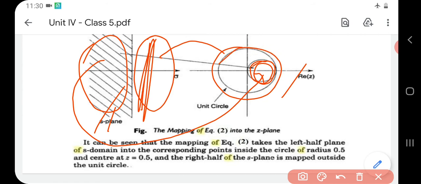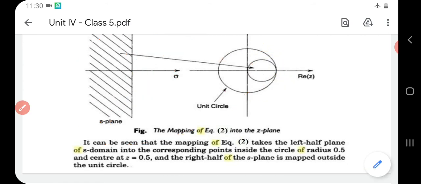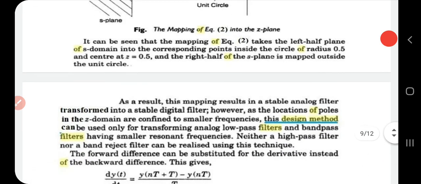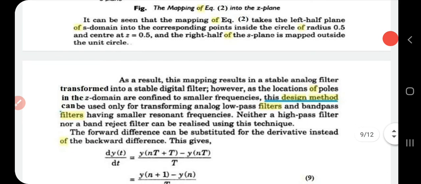This is how the mapping is done. Left half of S plane is mapped inside the unit circle and the right half of S plane is mapped outside the unit circle. So as a result, since this mapping represents circles, we will get a stable analog filter transformed to a stable digital filter.